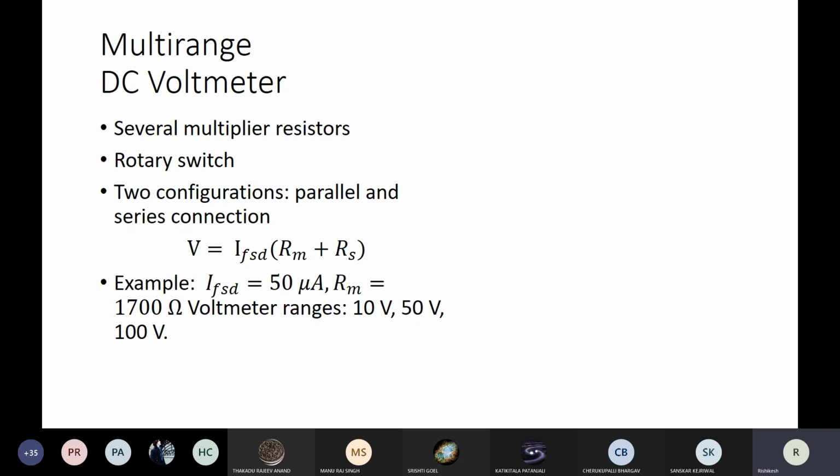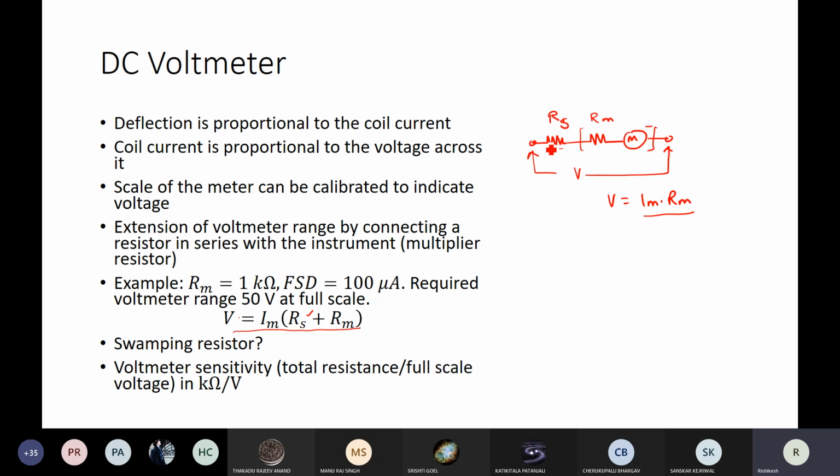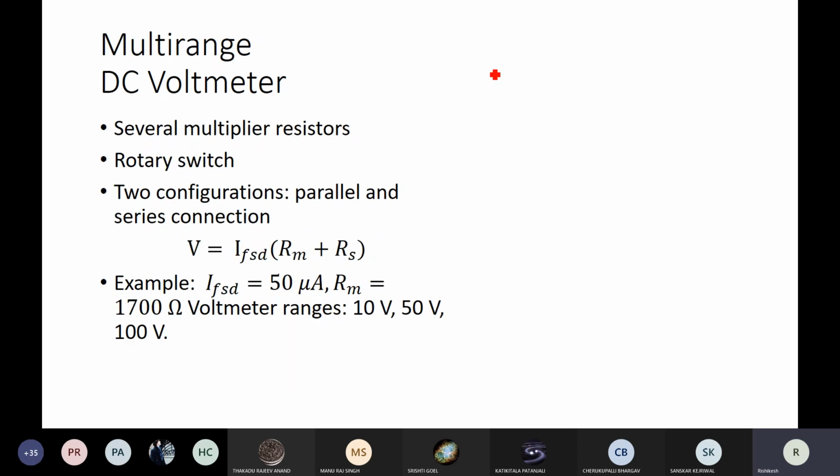Extending this, let's say this is my meter resistance, this is my meter. Instead of a single resistance, I consider multiple resistances connected in parallel, and give a single pole multiple throw switch connected in series with this to the user.